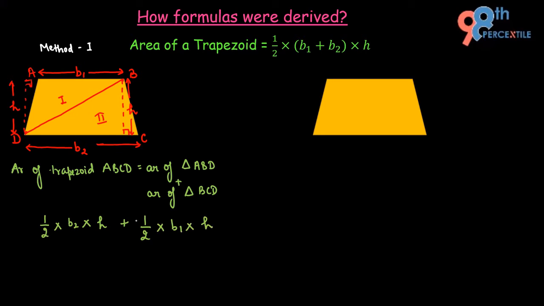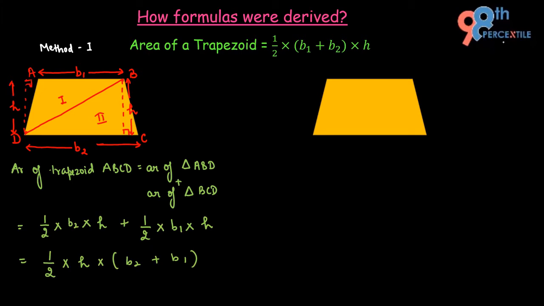Now, if you observe these two terms carefully, we can factor out half times height. If I factor out half times height, then I'll be left with B2 plus B1 in the parentheses. This is just the reverse of the distributive property.